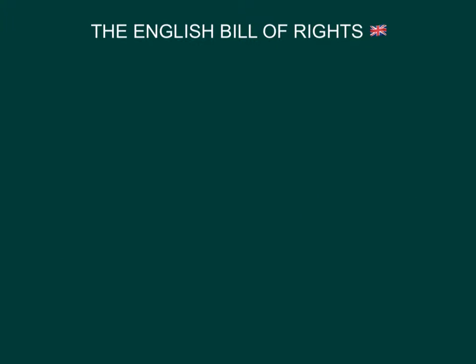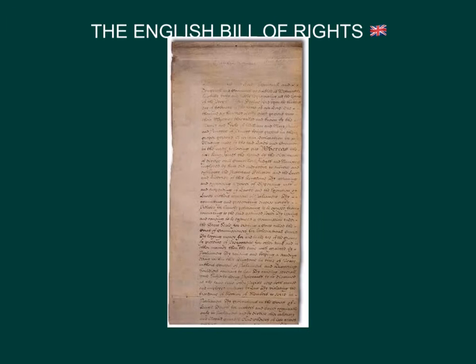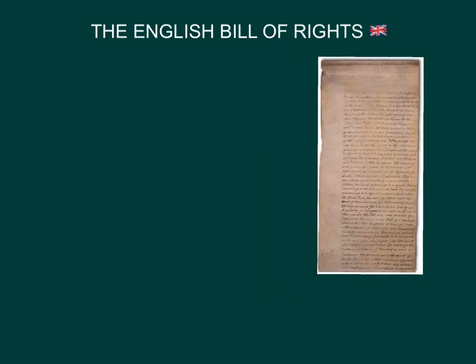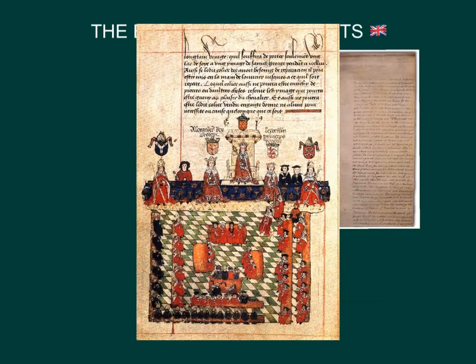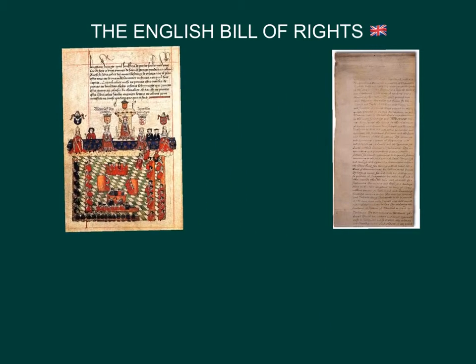Now we have the English Bill of Rights. This is a document from England. This is a picture of how the original English Bill of Rights looks. Again, it is hard to read, but this document was created by the English Parliament. We have a painting also, trying to explain how the English Parliament was set up.